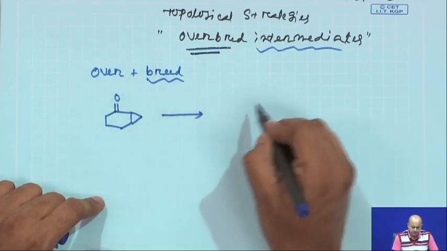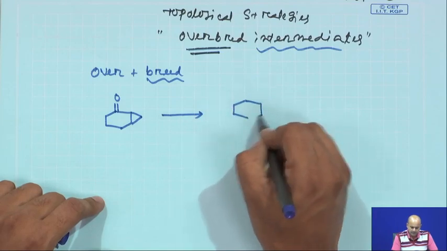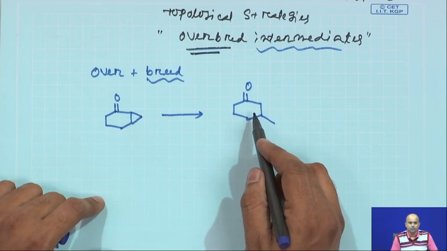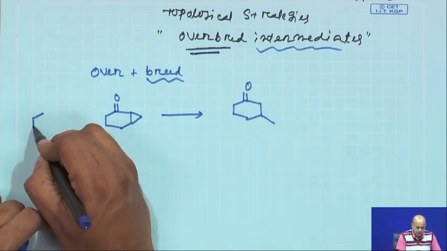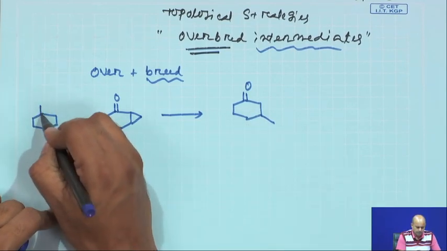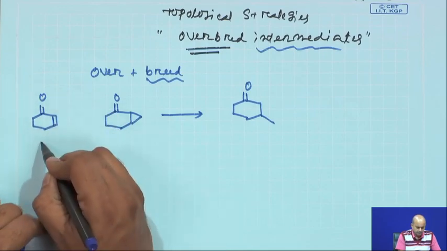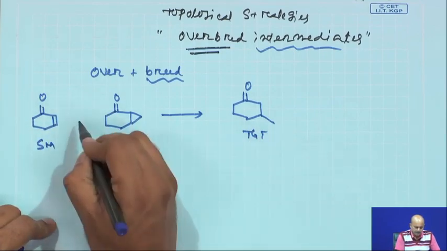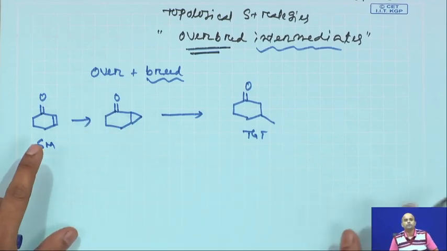Now, this whole concept will probably be quite clear if I give you a transformation something like this. I am saying that I need to make this molecule starting from this molecule, and I set you a prerequisite: do not use the Gilman reagent.